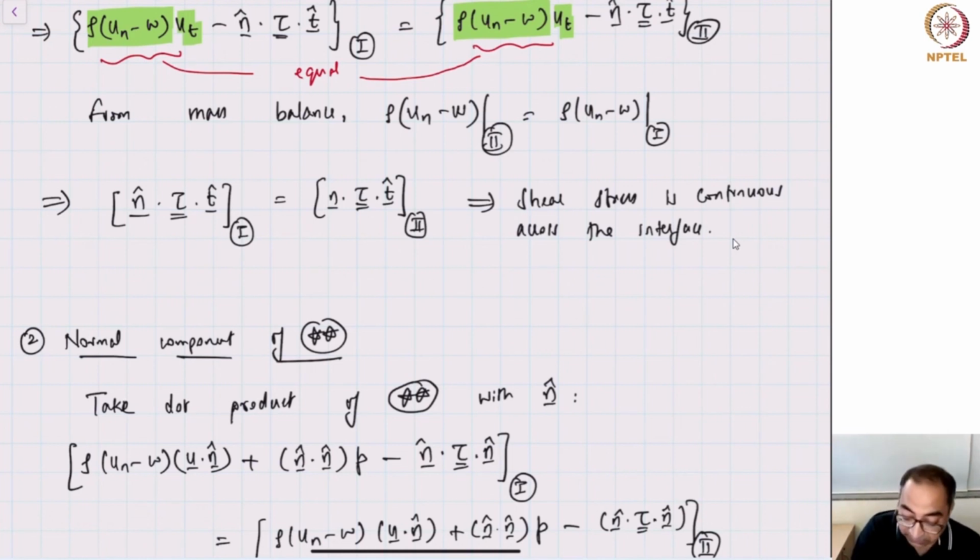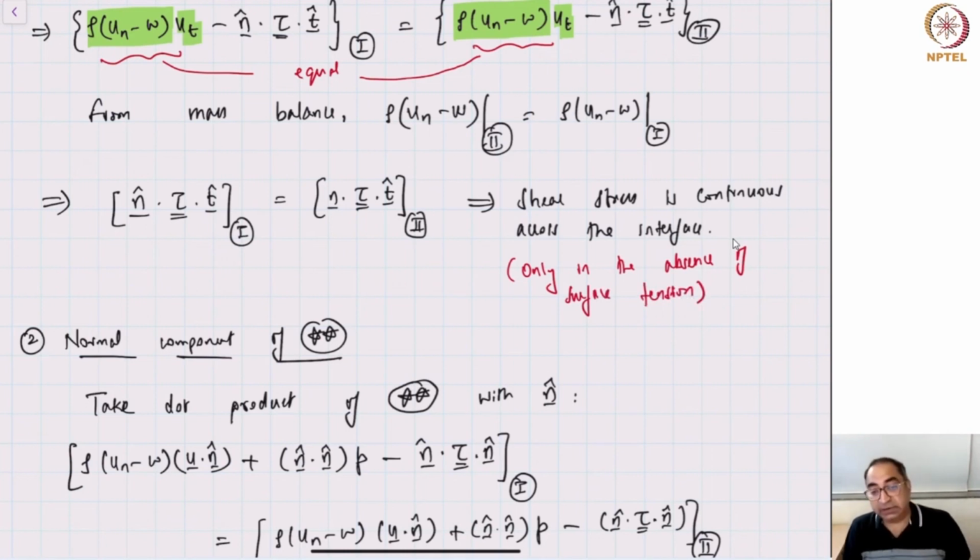I have to add a qualifier: only in the absence of surface tension. We will see that even in the presence of surface tension, this term can still be continuous, but surface tension has to satisfy certain conditions.